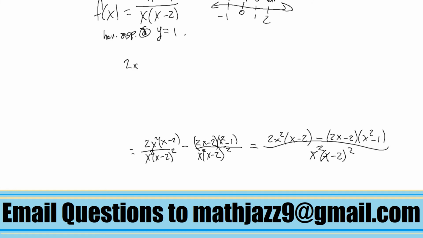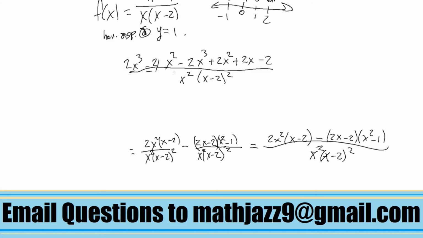We get 2x cubed minus 4x squared minus 2x cubed plus 2x squared plus 2x minus 2 over x squared (x minus 2) squared. Maybe I should clean up that fraction mark.